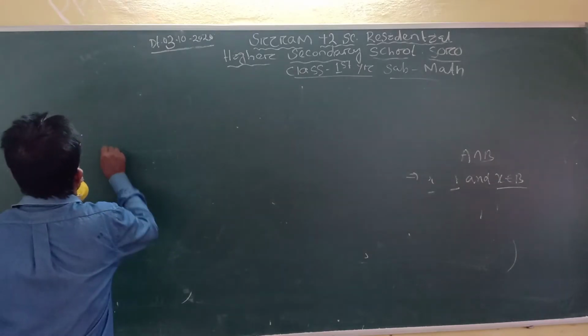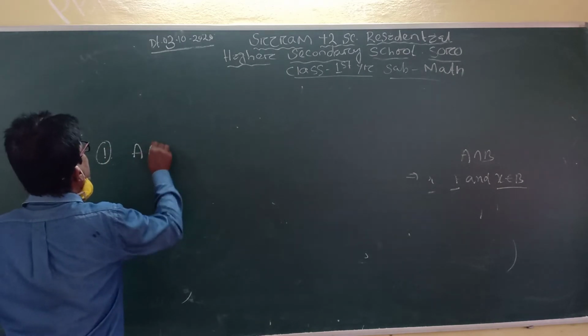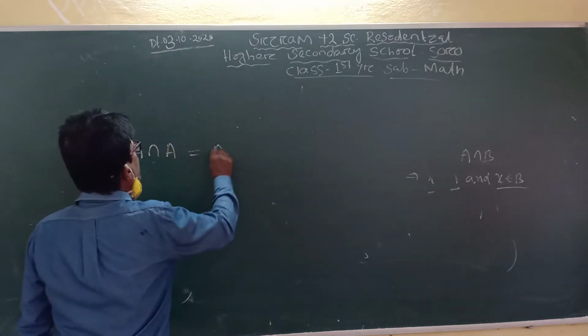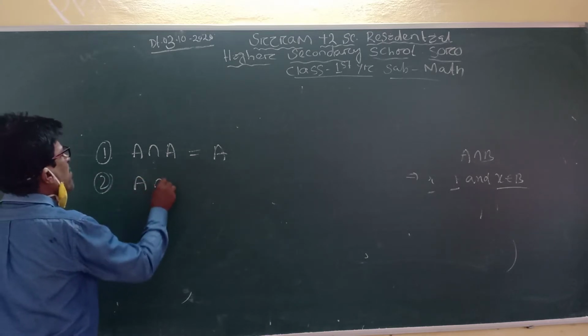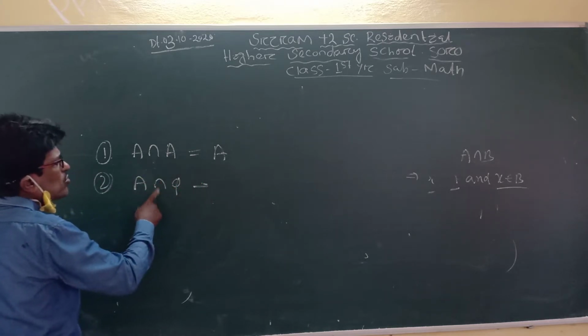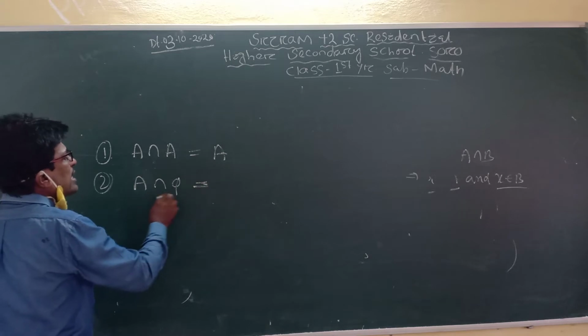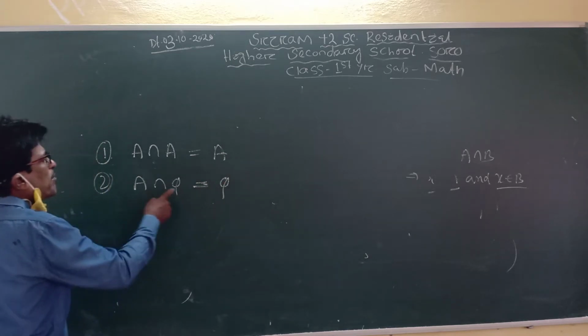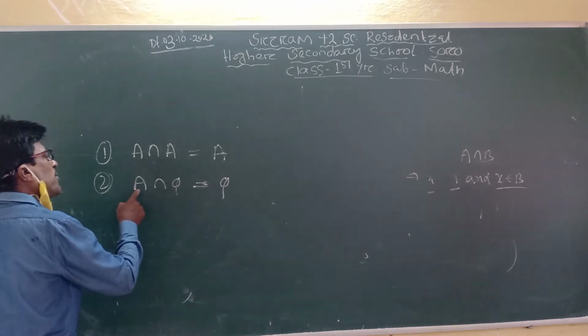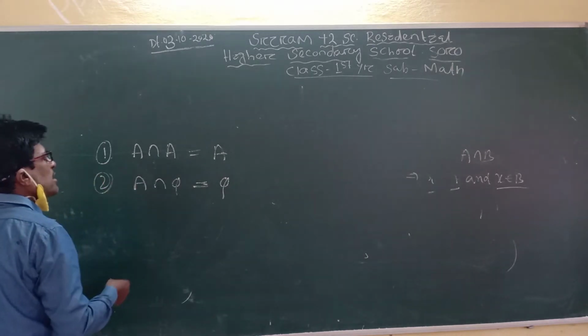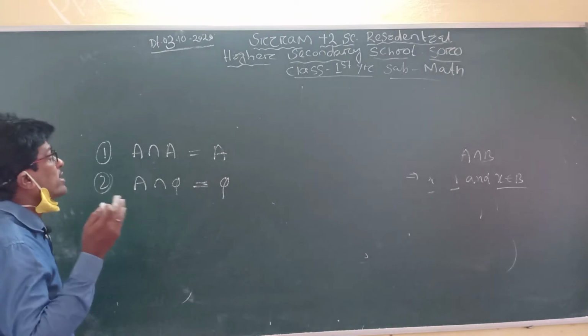Look, 1: A intersection A is also A, because A is common to both. 2: A intersection phi is phi, because phi is common to both. Phi means no elements, and phi is also a subset of A, as I told you in the previous class when discussing power sets.